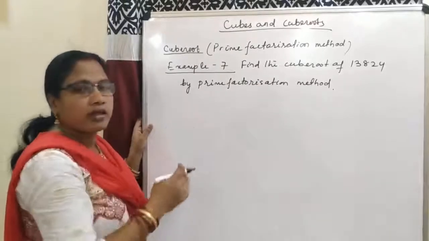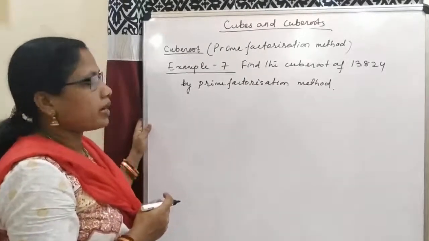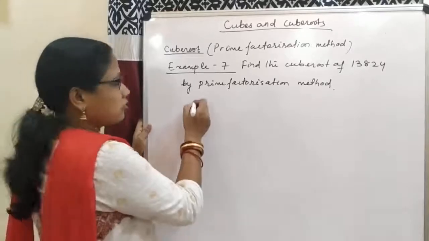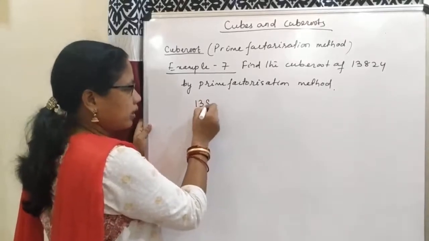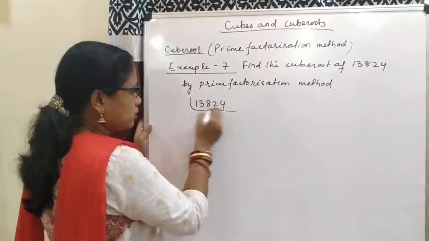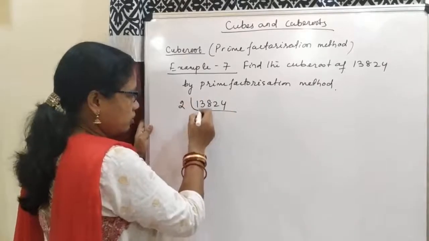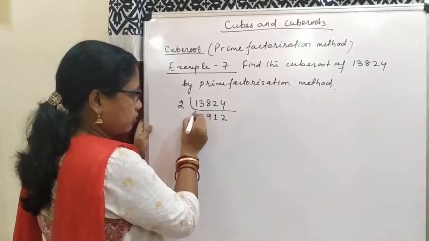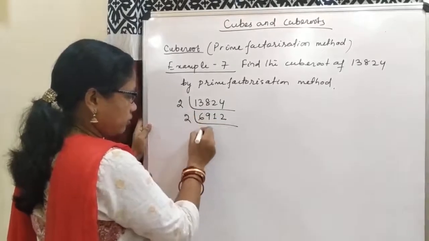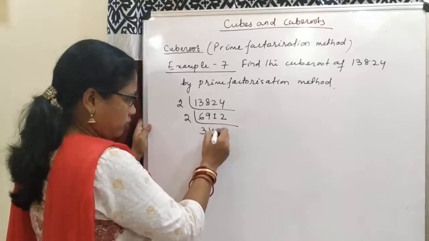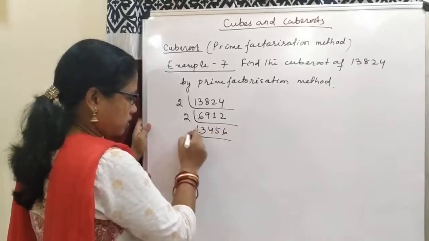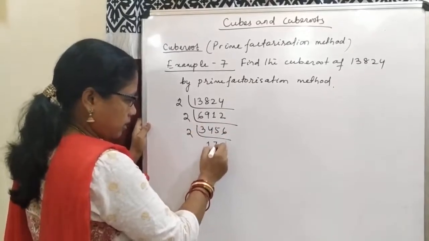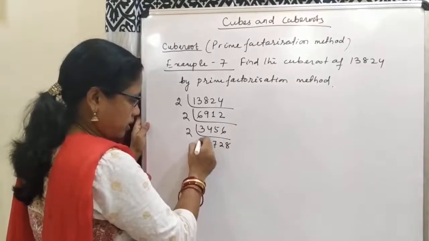Let us take the next example: 13,824. We have to find the cube root by the method of prime factorization. First, factorize 13824. This is divisible by 2: 2 6s are 12, 912. Then 2, 3 5 6. Then 2, 1 7 2 8.